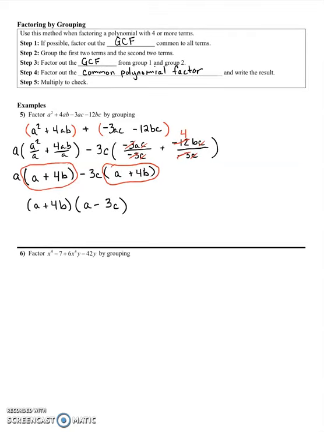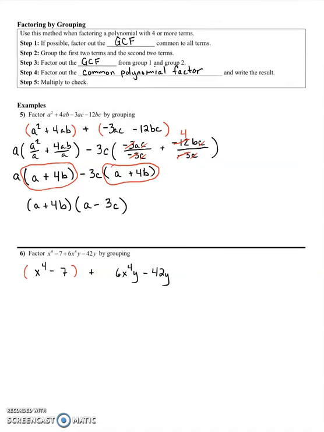Okay, let's try the next one. I'm going to start by grouping here. I'm going to group my first two, x to the fourth minus 7, plus, and I'm going to group my second two, 6x to the fourth y minus 42y.